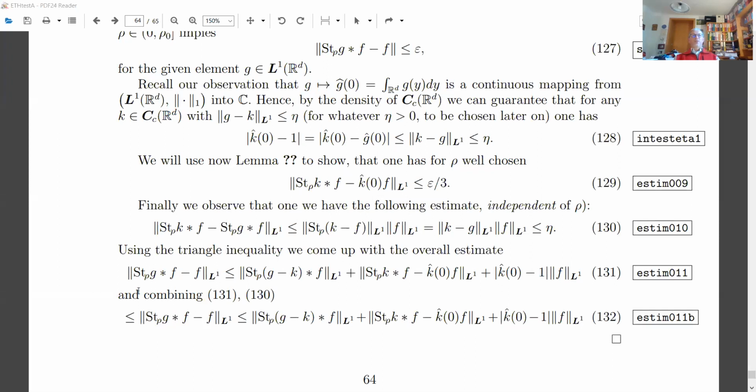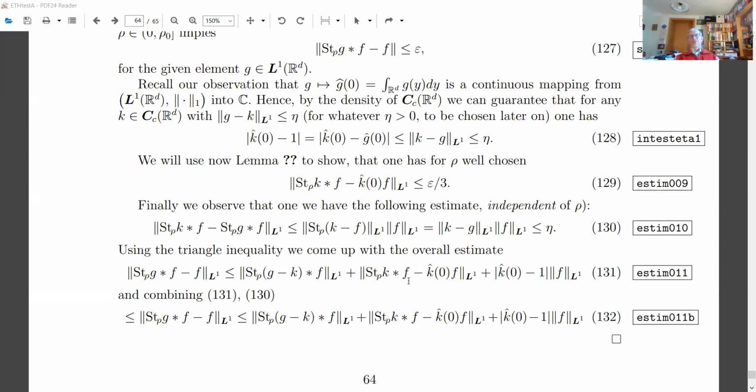Now, putting everything together, I would like to know the given g sufficiently compressed convolved with f minus f. And then, of course, I don't know directly if it's maybe not compactly supported, so I replace it by a compactly supported one. That one might have an integral which is not exactly 1, but close to 1.